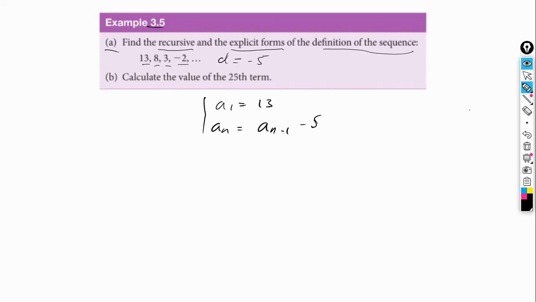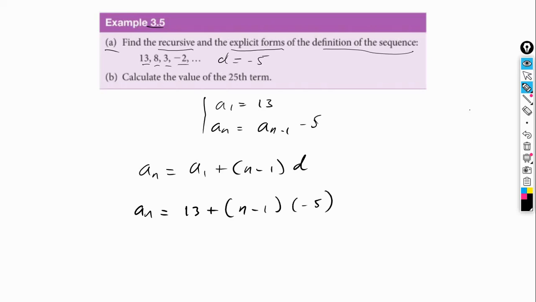Then the explicit form is the one we saw before, where a sub n is equal to the first term plus n minus 1 times the common difference. So here we would say first term is 13, so this plus n minus 1, and in this case the common difference is the negative number 5. And then from here we would get 13 minus 5n plus 5.